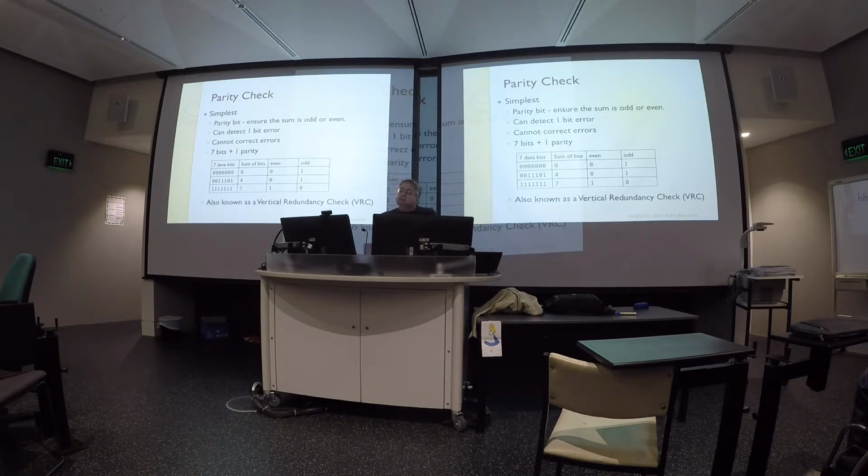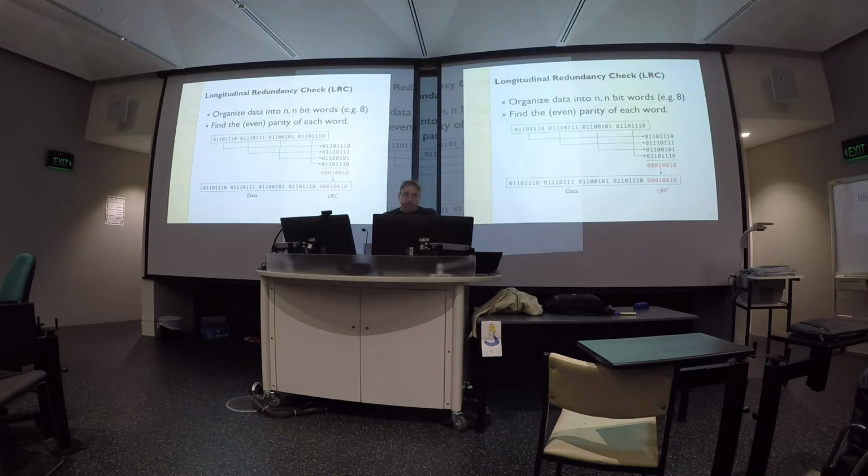Okay, now taking that parity check and making it a bit more complex, we can do something like a longitudinal redundancy check. And what we do in this one is we just have n-bit words.